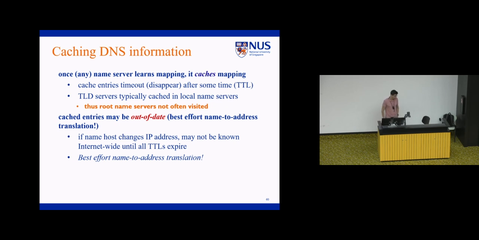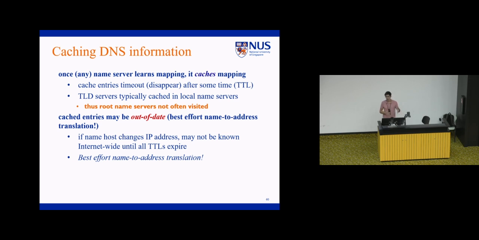So I said that this local DNS may have cached certain DNS information, certain name-to-IP translation, right? How long to cache such information will be indicated by the TTL field. So this is one of the fields in a DNS record. Until that TTL expires, it holds that information in its cache.